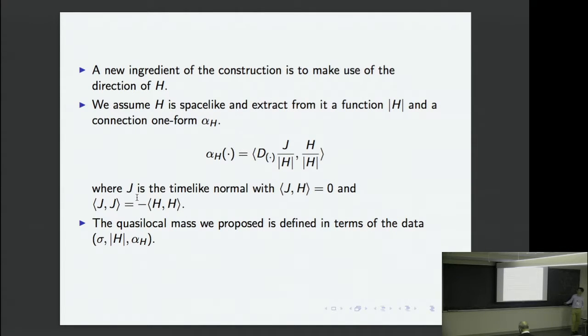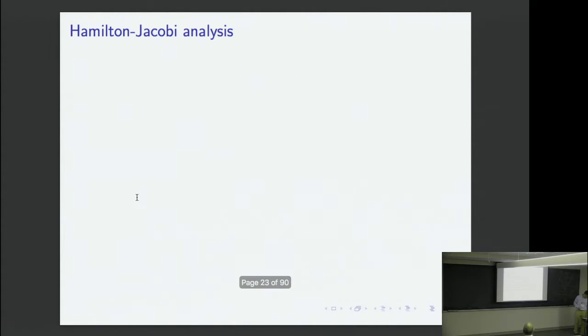You're given a Riemannian metric on your surface, a positive function, and a one-form. From this data, we can define the quasi-local mass. To define this, we have to go back to a Hamilton-Jacobi analysis of the gravitational action. As you can see, we are going to rely on this reference system.